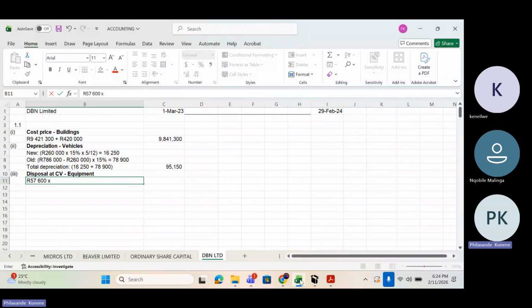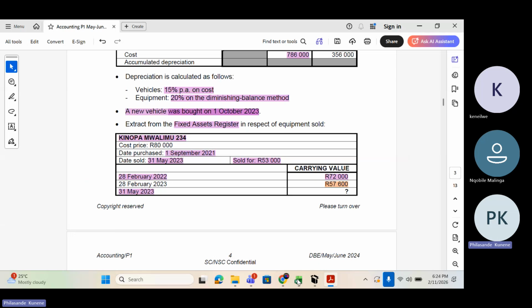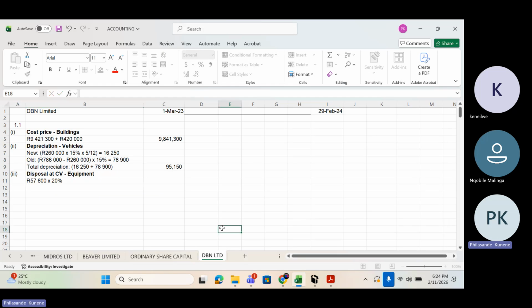And then I say multiply by 20%, which is the depreciation rate that is provided here. And then what do I do after that? When did we sell this? On the 31st of May, 2023. That's when this was disposed. They told us here, date sold, 31 May 2023. So how many months am I going to apportion with in this situation? 4 months. It's going to be 4 months, starting from which month? Let's calculate.